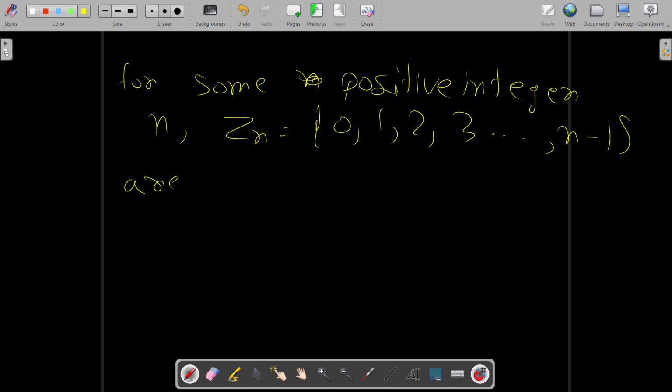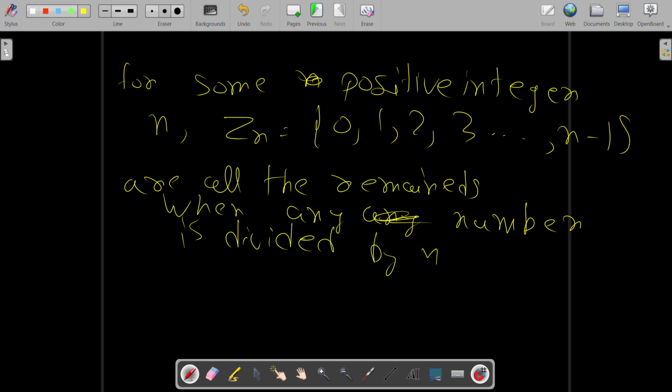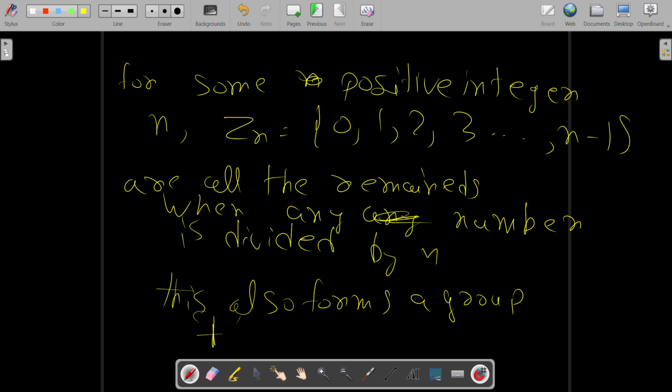This is basically all the remainders when any number is divided by n. This also forms a group under binary operation addition.